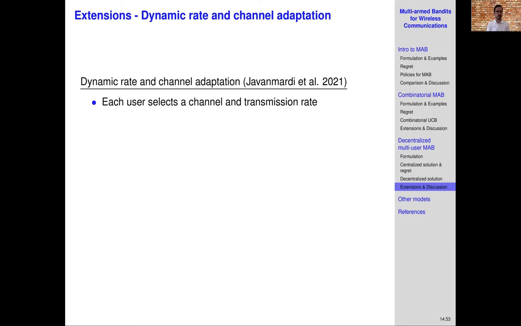Another recent work considered an extension of this problem to the dynamic rate and channel adaptation setup. In this setup, each user in each round selects a channel and a transmission rate. And the expected rewards depend on both the selected channel and the selected rate.